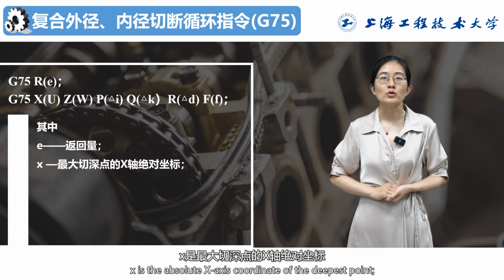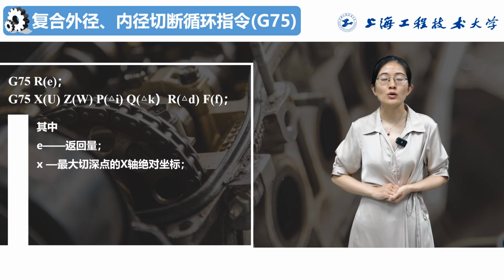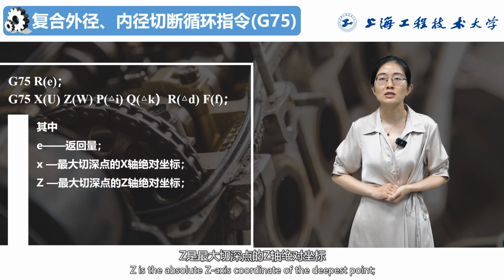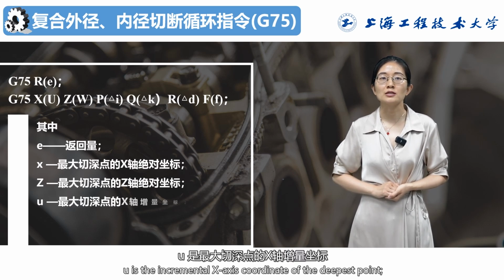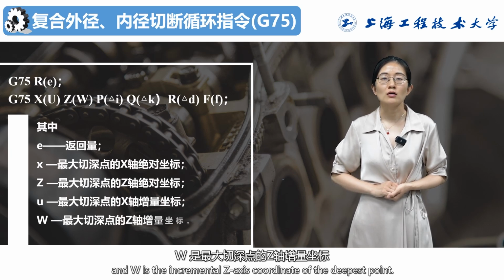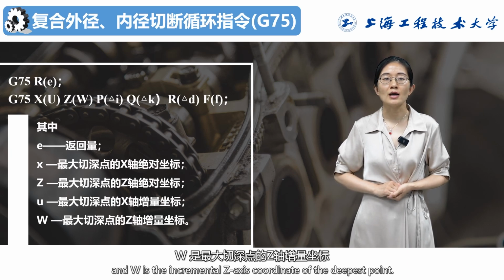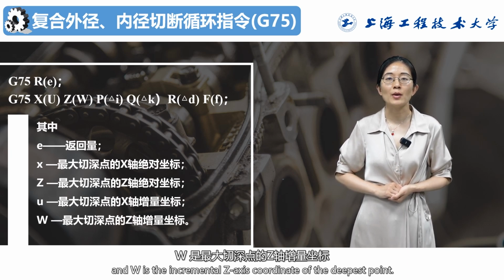X is the absolute X-axis coordinate of the deepest point. Z is the absolute Z-axis coordinate of the deepest point. U is the incremental X-axis coordinate of the deepest point. And W is the incremental Z-axis coordinate of the deepest point.